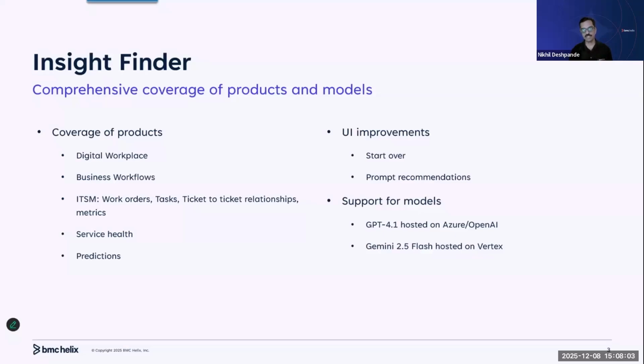So in this release, we've started supporting GPT 4.1. Earlier, we just supported GPT-4. Now we support 4.1. Besides, we also support Gemini 2.5 Flash. So a more recent version of Gemini is 2.5, and so we have started supporting 2.5 Flash.